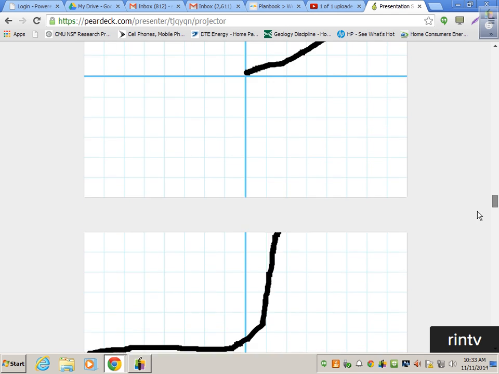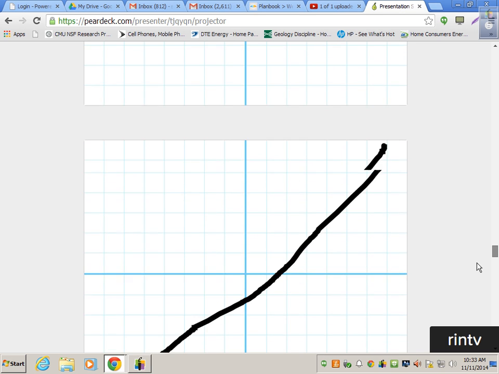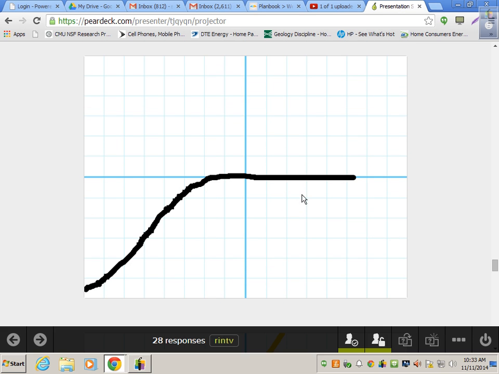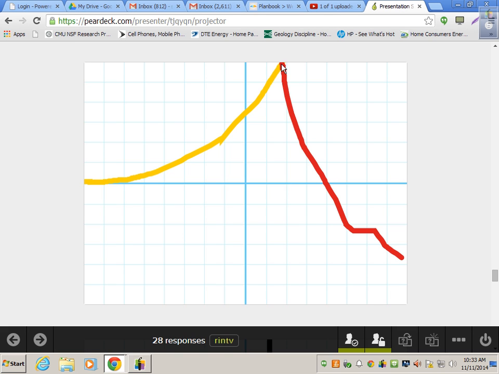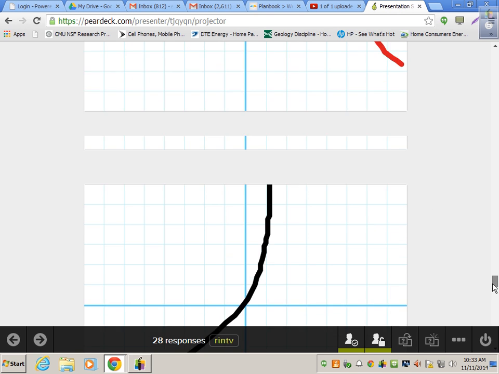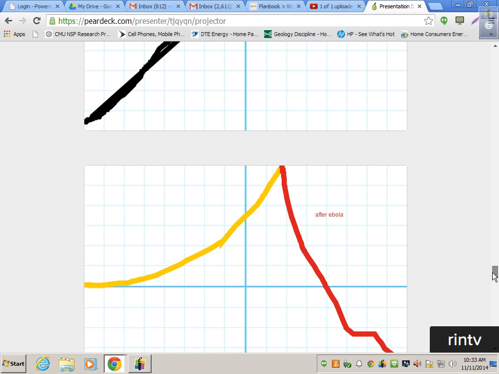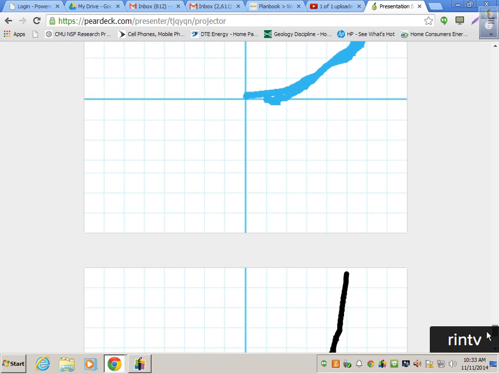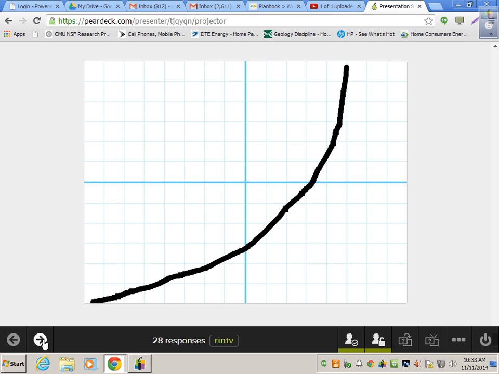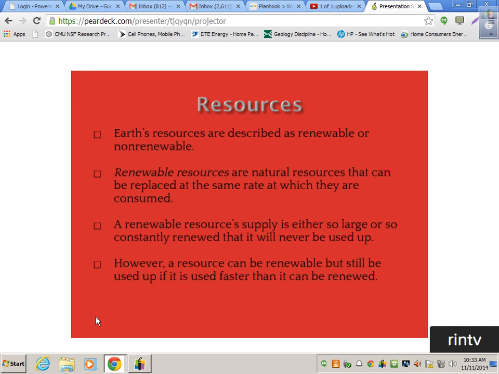So very good. I'm seeing a lot of exponential growth. Oh, that's a little too logistic for me. No, not this. This would be logistic, right? Okay. Oh, this is assuming we're just going to get hit by a meteor right about here, right? Okay. Oh dear. Oh, after Ebola. Oh, too soon. Okay, you get the idea. So that is that J-shaped exponential curve.